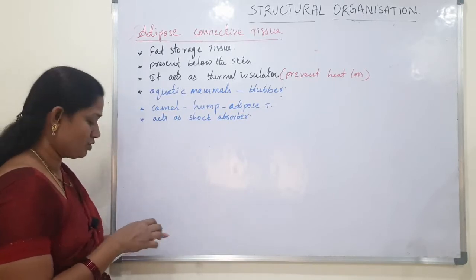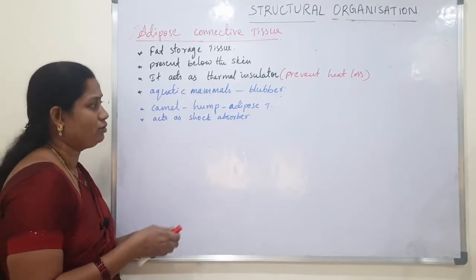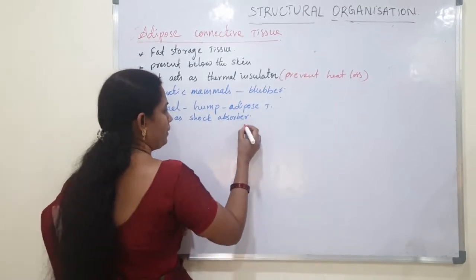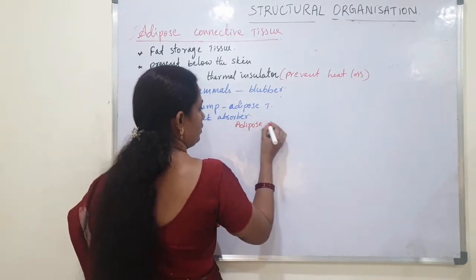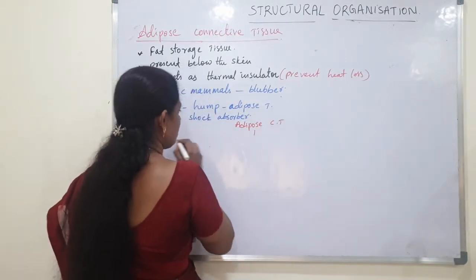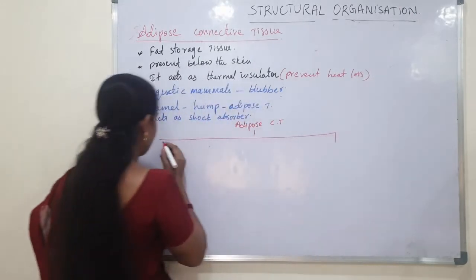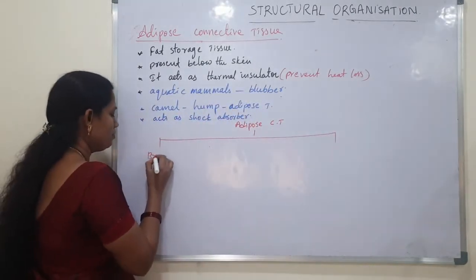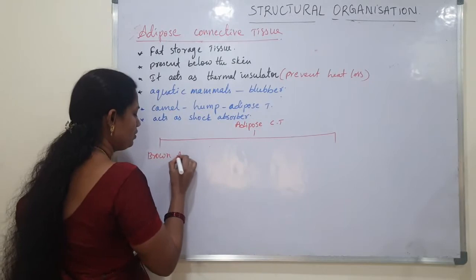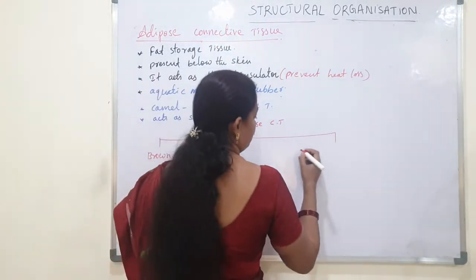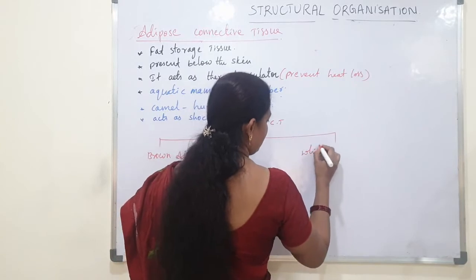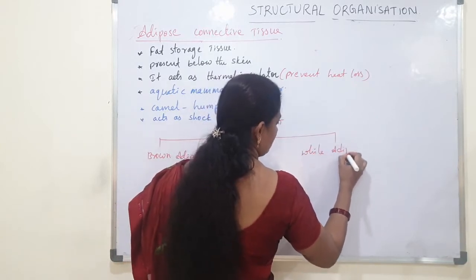Next, this adipose connective tissue is divided into two types. First one, brown adipose tissue, and second, white adipose tissue.